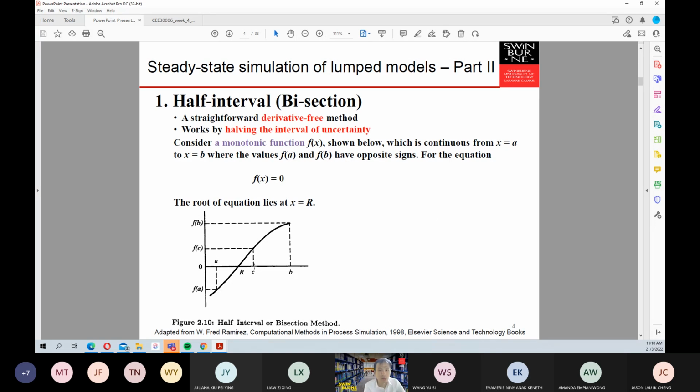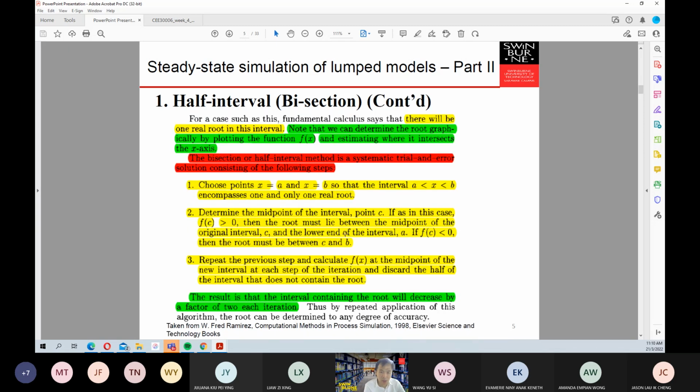So you have to choose an independent variable such that the dependent variable has a different sign. Then what you do is you determine the midpoint of the interval, point c. You find the half between a and b, and you put the value of c into your function.